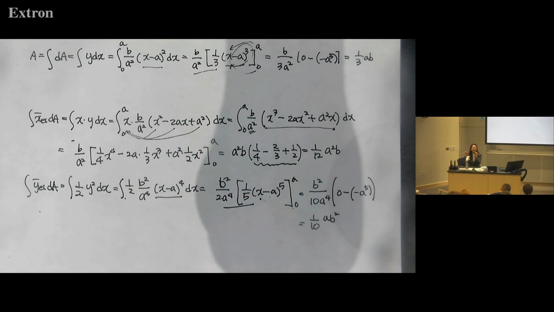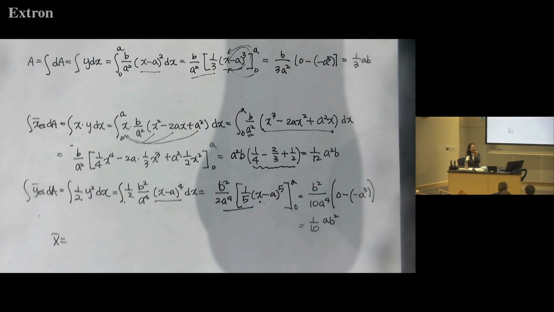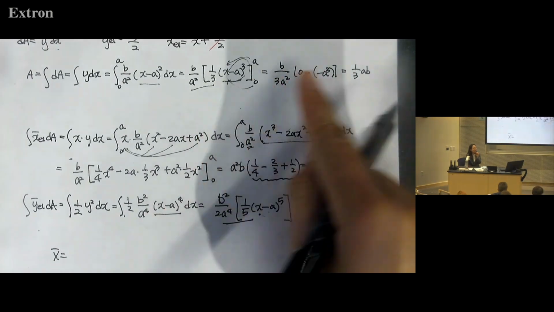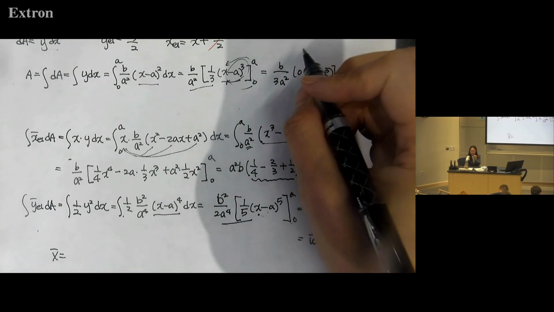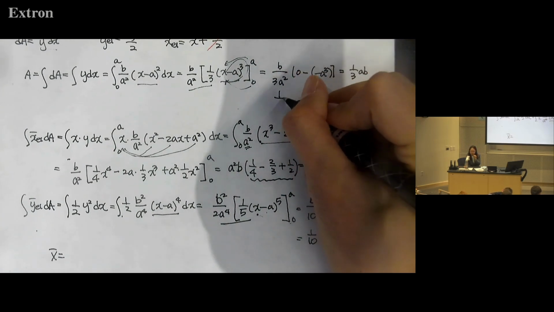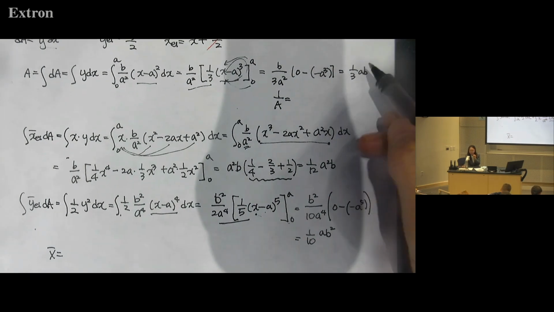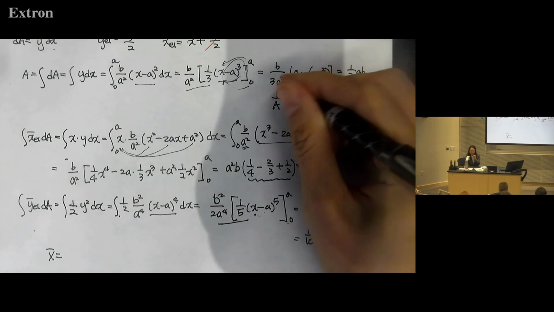No, we need to find the centroid, right? Centroid is this over this and then this over this, right? And here, this is symbolic, so it's tricky. So the way I do it is just calculate 1 over A and then multiply. And what's 1 over A? It's 3 over ab.